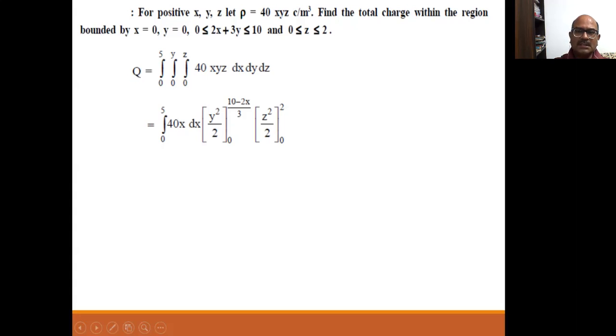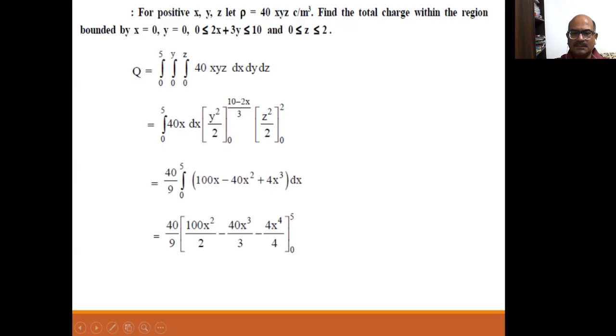So by using the conditions given in the question, x, y, and z, we can identify the limits for x, y, and z. Now we put the values and solve this integral in a very simple way.